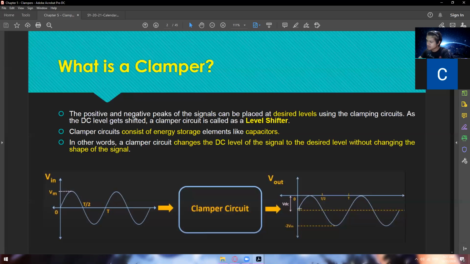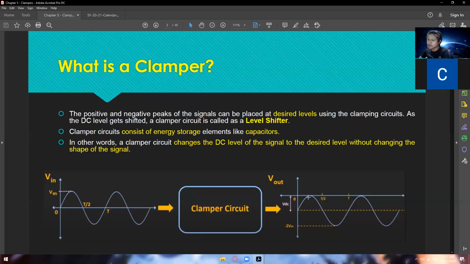So the V peak of the positive half cycle is now the zero, or the ground, in our output.